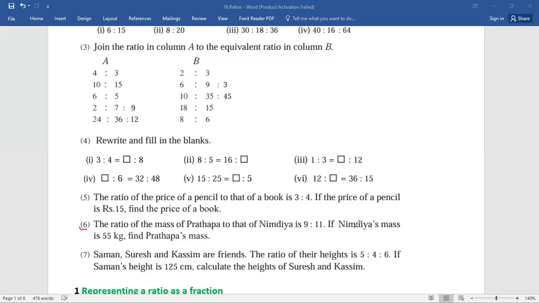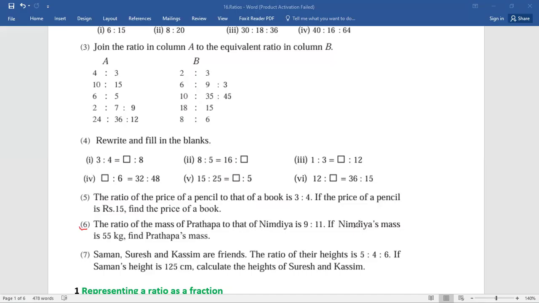Now parts of Pratapa, P, is 9. Now not price but mass of Pratapa, mass of P. How do you find the mass of P?